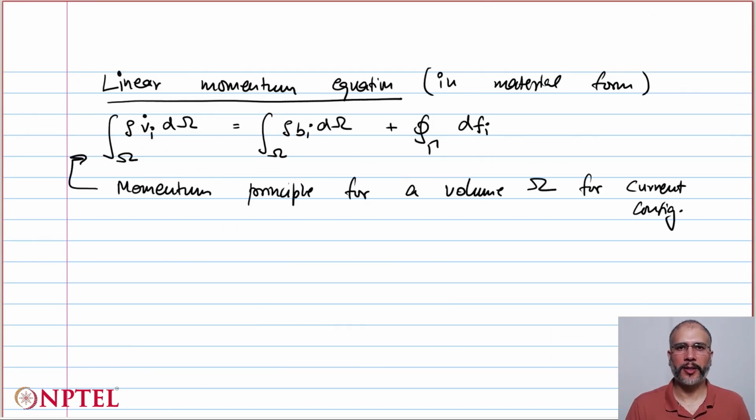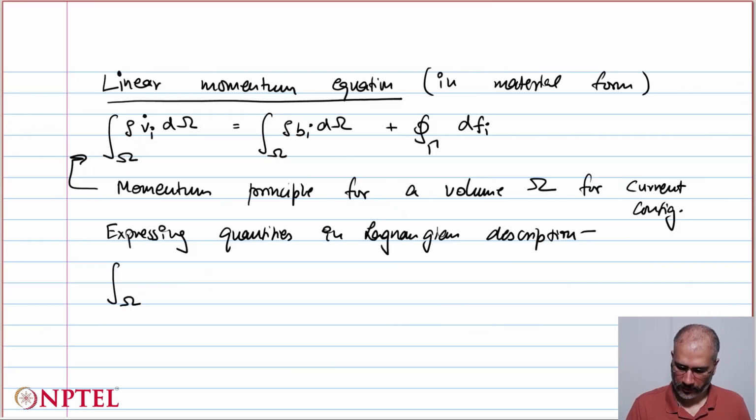So now we'll express all the quantities in this equation in their Lagrangian description. On the left hand side, our rho becomes a rho tilde, Vi becomes a Vi tilde, and d omega becomes a J times d omega naught. So the integral now happens over the reference volume omega naught.